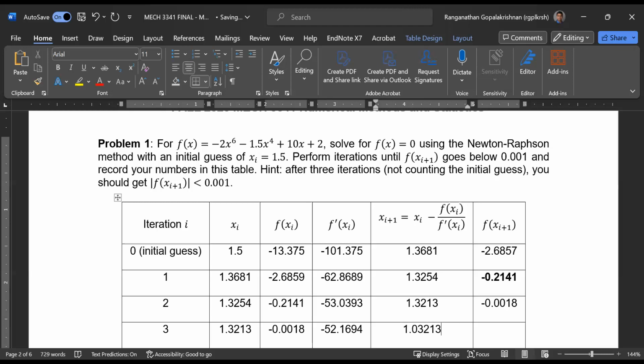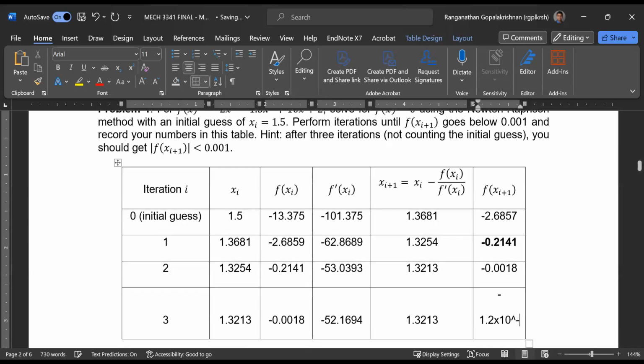And x_i plus 1 is 1.3213. And the value of the function, I'm rounding it off to 4 decimal points. Actually, it has more decimal points here. So it comes out to minus 1.2 times 10 power minus 7.